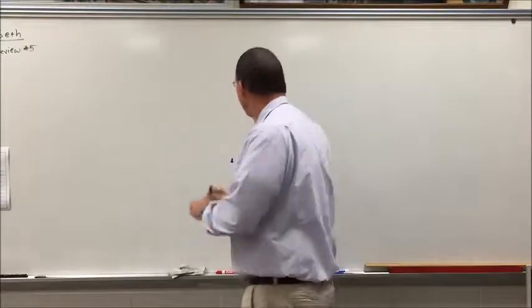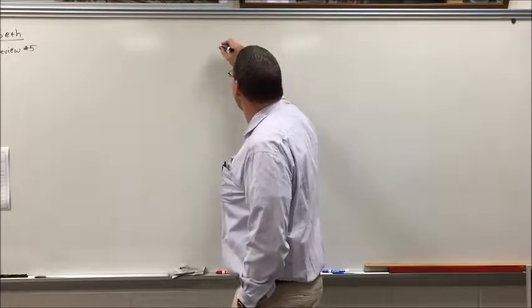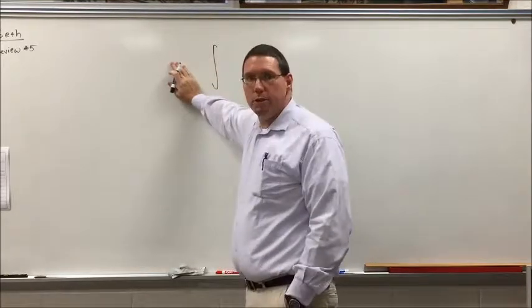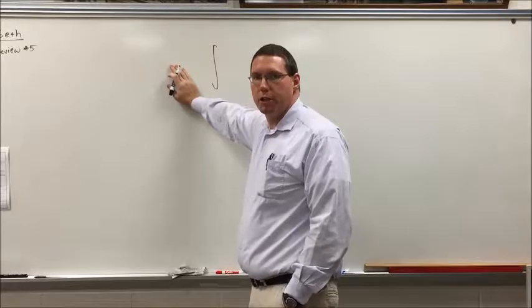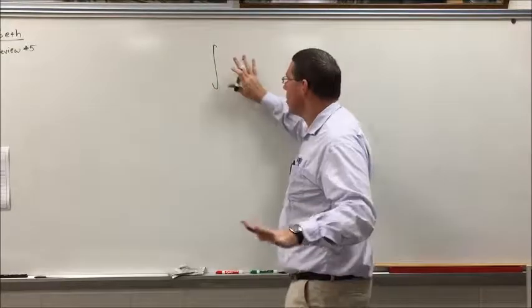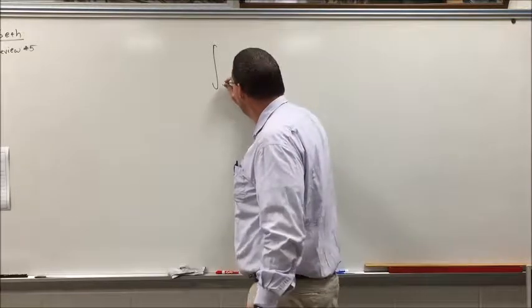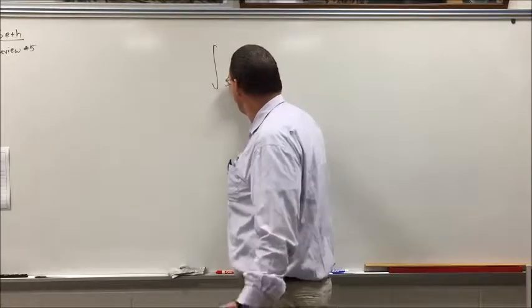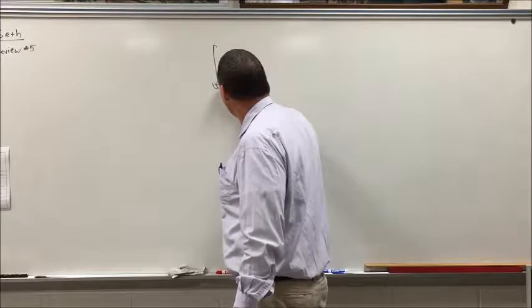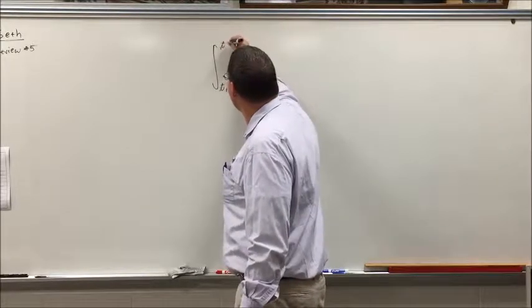For the total distance traveled of an object, you do not include the starting position. Total distance traveled is just the integral from the starting time to the ending time, let's say t sub 1 to t sub 2.